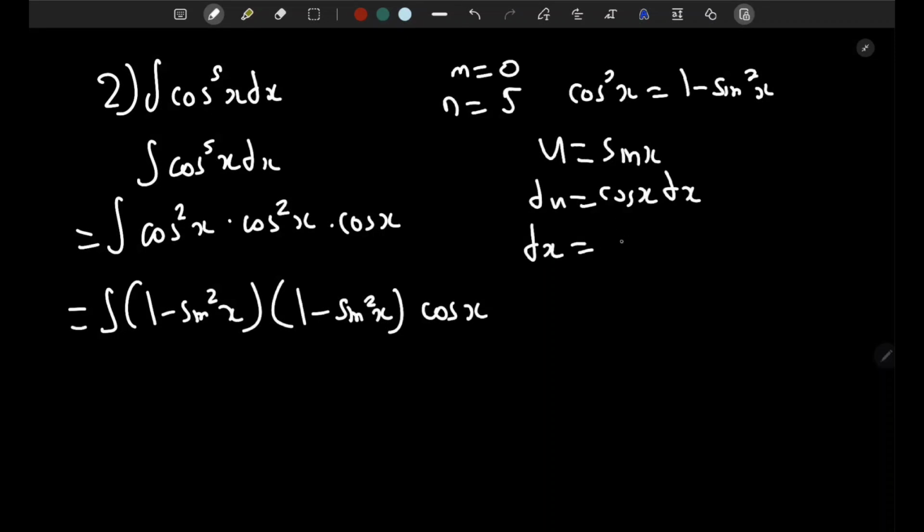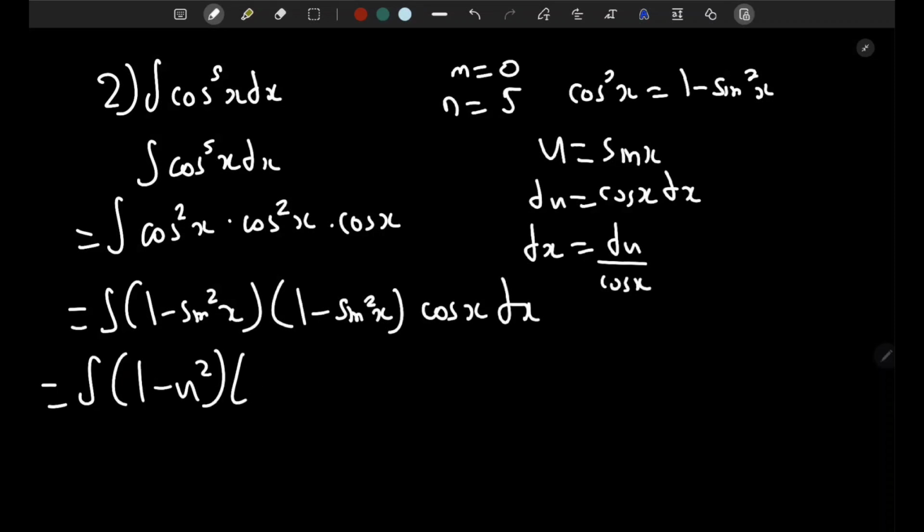So dx is equal to du over cosine x here, and this part is going to cancel out, so cosine is going to cancel out. Let's rearrange it. It's going to be 1 minus u squared into 1 minus u squared into cosine x, and dx here is du over cosine x, so this part just cancels out. I can just write here du.